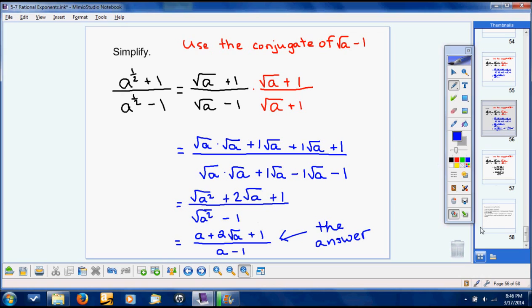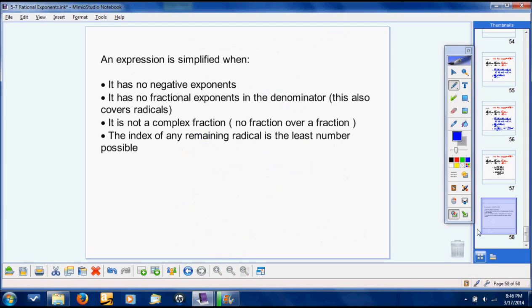Now, you might say, well, wait a minute. How do I know if I've actually gotten my answer finally simplified? Well, we have a list of criteria for that. The expression is simplified when, number 1, it has no negative exponents. Number 2, it has no fractional exponents in the denominator.